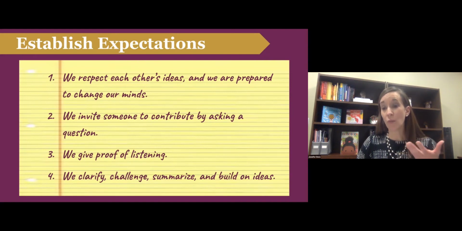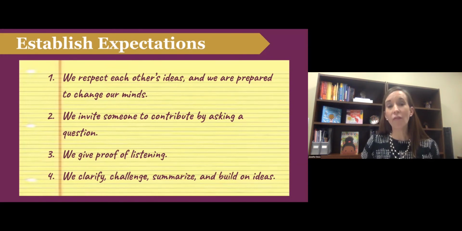Maybe you even brainstorm these with your students, and then clearly post them and communicate them in the classroom so that everyone knows what our expectations are when we engage in these important conversations. We invite you to pause the video now and to take a moment to think about that and jot some ideas down on your graphic organizer.